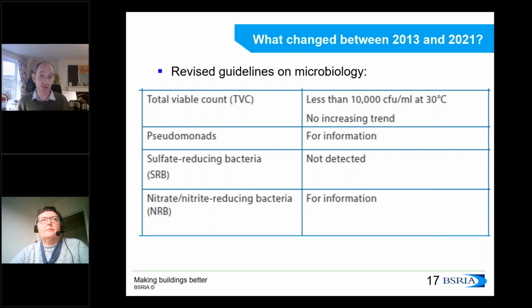It's useful for information, but it was determined by the steering group that trying to set a limit for pseudomonads is always going to be problematic. SRBs, sulfate reducing bacteria, shouldn't be detected at all. NRBs are another useful piece of information to know. But again, it was felt that we were unable to actually set a limit for those.